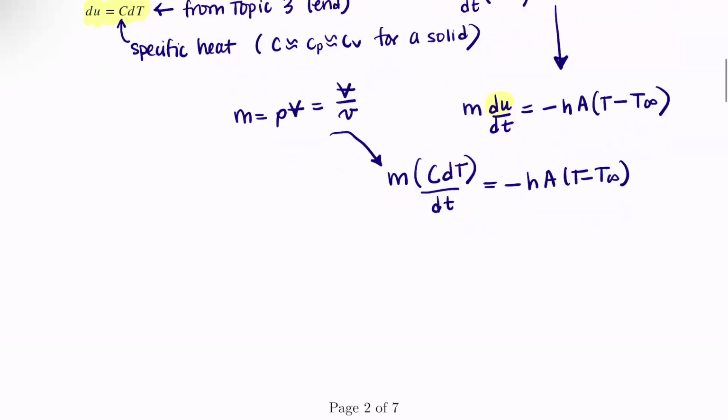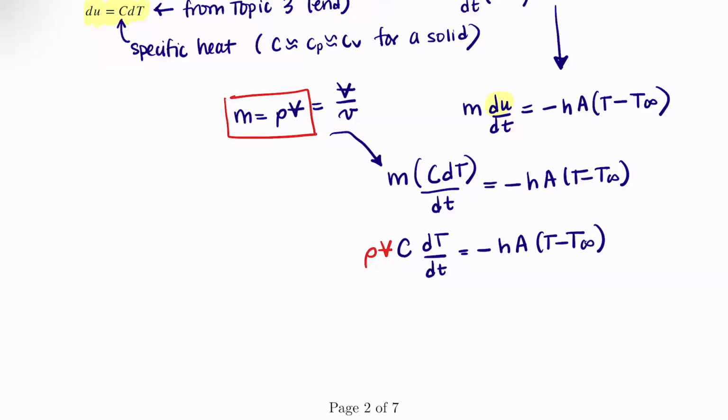So I can rewrite this, using this expression in here, as rho times volume, so density times volume, times my specific heat, times the change in temperature with respect to time, is equal to minus hA (T minus T infinity).